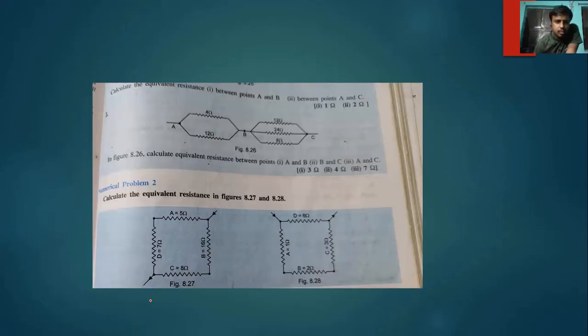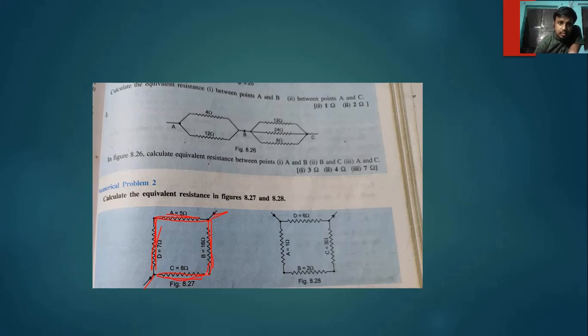In this problem, you can see that this is an equivalent circuit. We have to find the equivalent resistance. You can see that A and D are connected end to end, so they are considered in series. This side also is connected end to end, B and C as well.